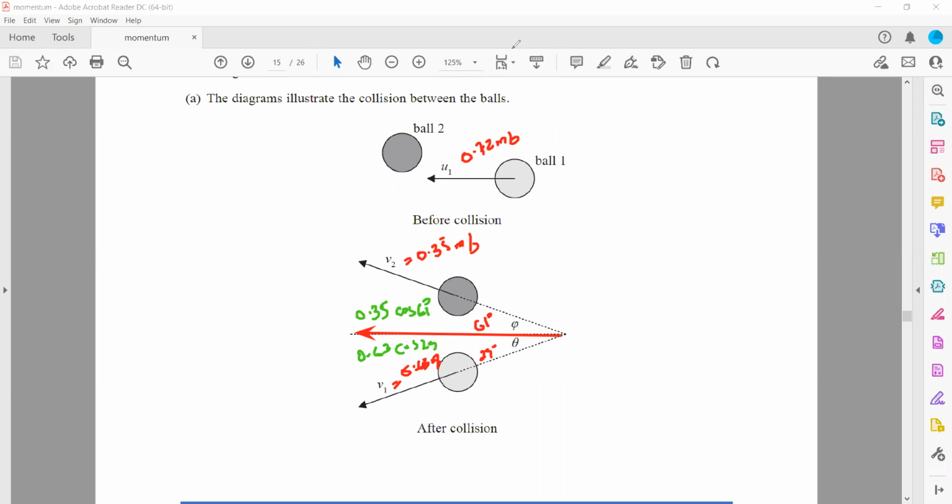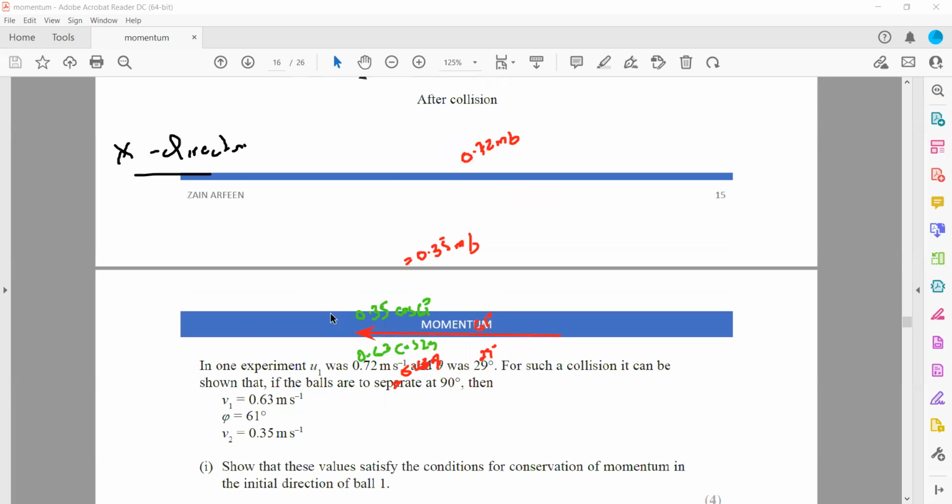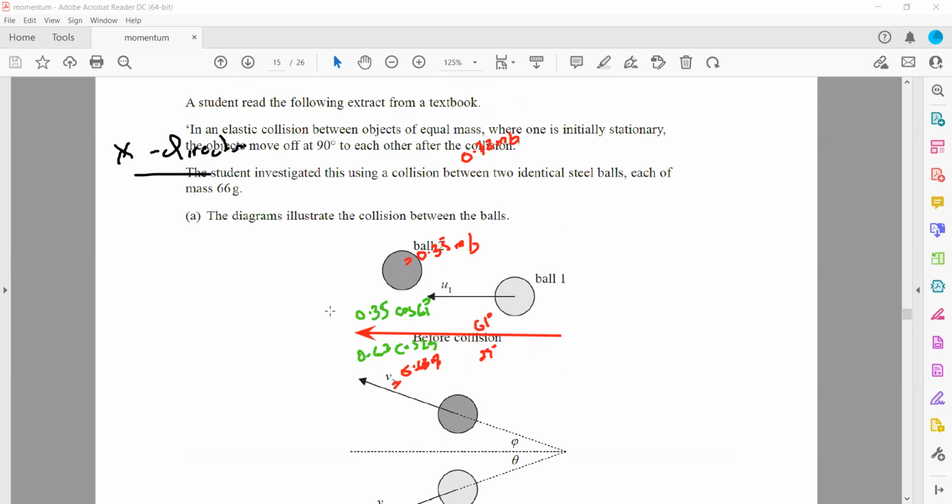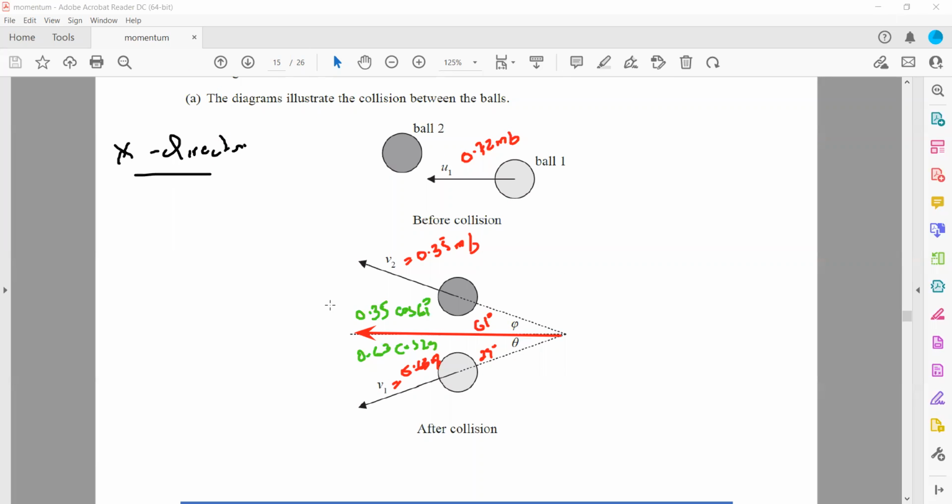Because we want to prove that the momentum is conserved in the x direction, as mentioned in the question, the total momentum before should be equal to the total momentum after. For the momentum before the collision, each ball has a mass of 66 grams.